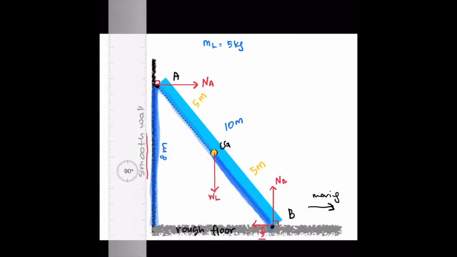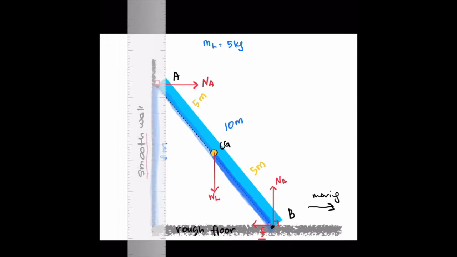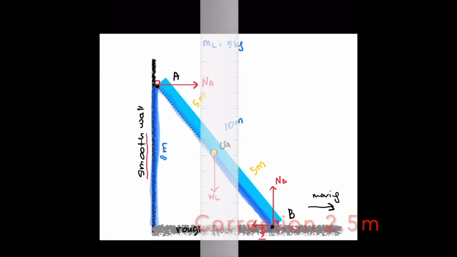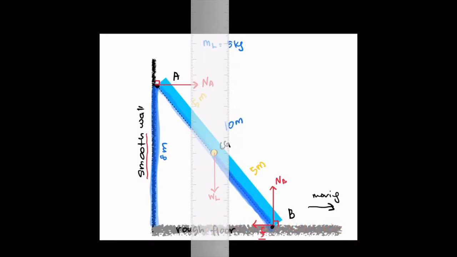Then the question tells us that we need to draw another force for the firefighter, who is 3 meters from B. As we know, from B to CG is 5 meters, so halfway is 1.5. We estimate that our firefighter is around here, 3.